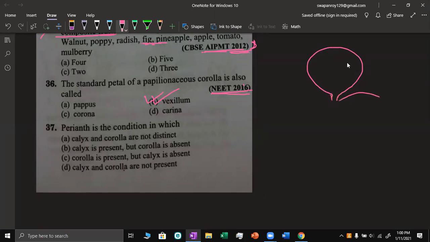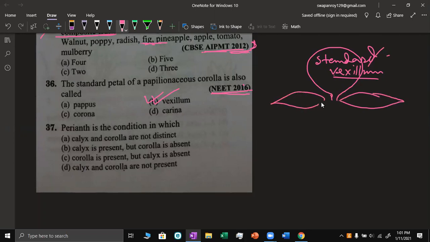It is also known as the standard, or vexillum. Then two lateral petals of medium size, called wings, and two smallest in the anterior, which form the keel.